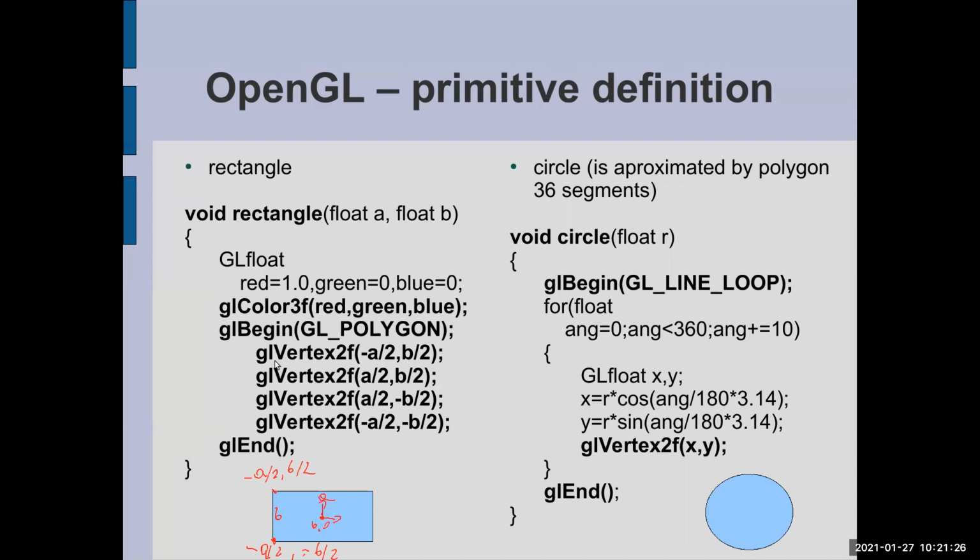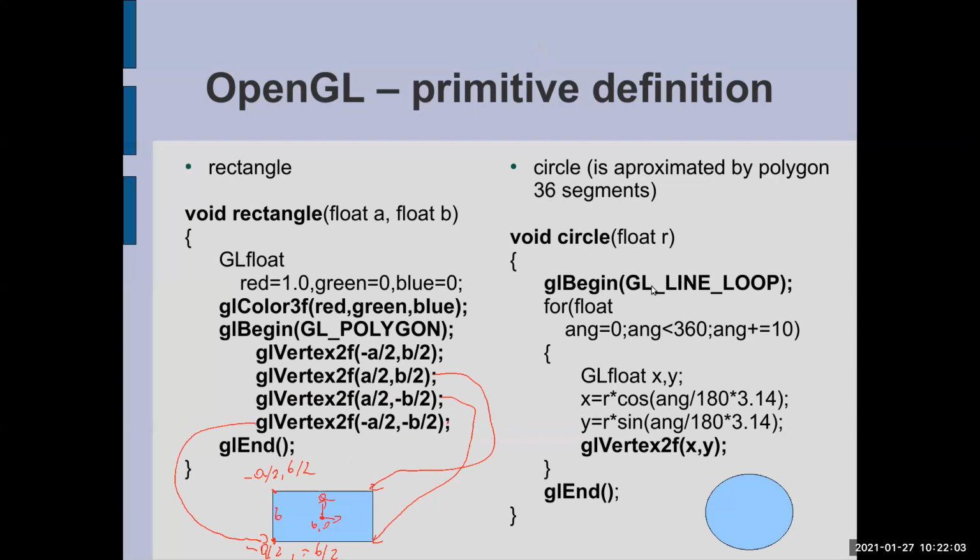You can see that this vertex refers to this position, this vertex refers to this position, and so on. So this is the way we can draw a rectangle.